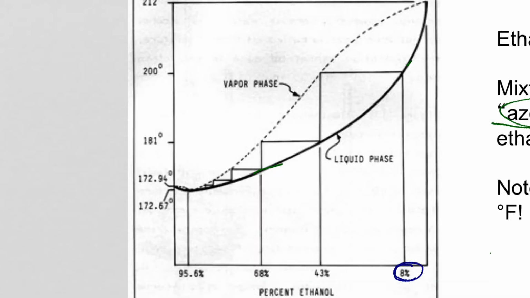Okay, so let's say that we started with roughly an 8% solution. When you did your simple distillation, you heated that to boiling, and then as it moved up into the distillation head, we made that transition from liquid to vapor, and then the material is condensed.